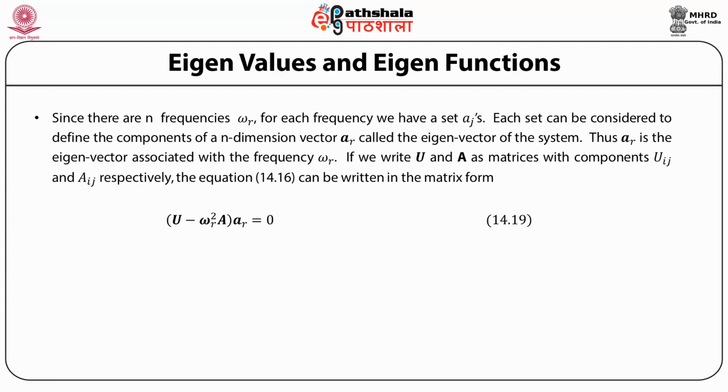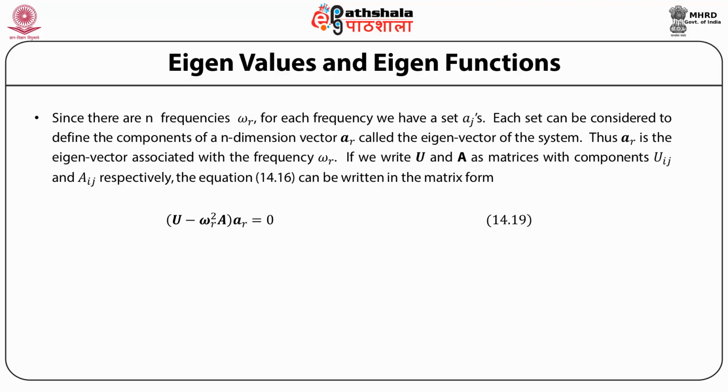Since there are n frequencies omega_r, for each frequency we have a set of A_j's. Each set can be considered to define the components of an n-dimensional vector, A_r. This n-dimensional vector A_r is called the eigenvector of the system, and this eigenvector is associated with the frequency omega_r.